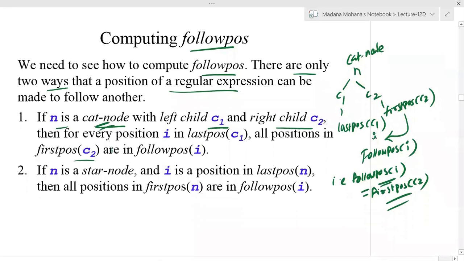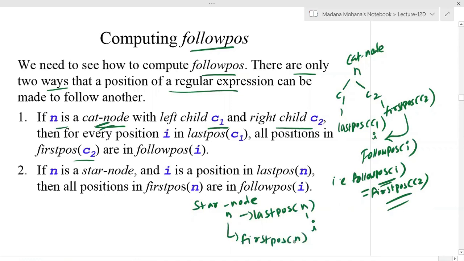Whereas in the case of a star node, if n is a star node, what you have to do is, I is a position in the last position of n. Directly for this you can find the last position of n, and from this you can take all values as I. Then all positions in the first position of n, you can find for this node, are in the follow position of I. So follow position of I equals first position of n.